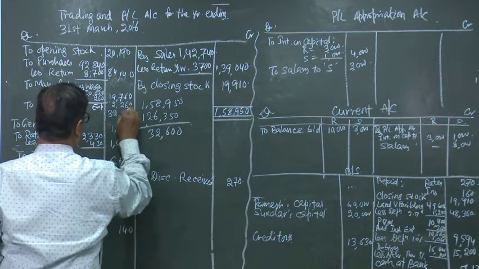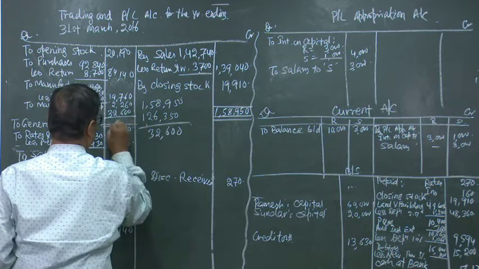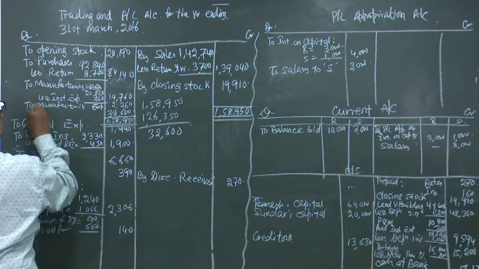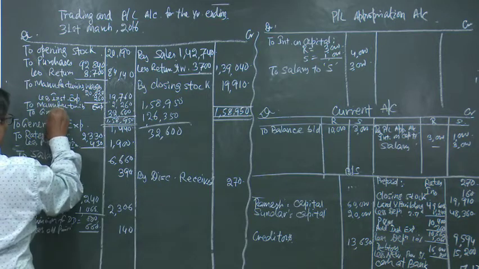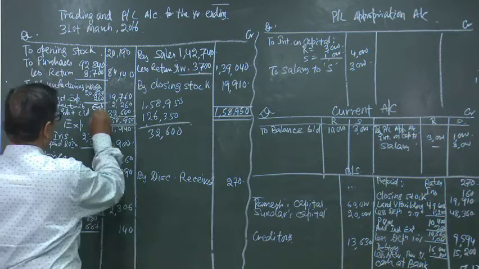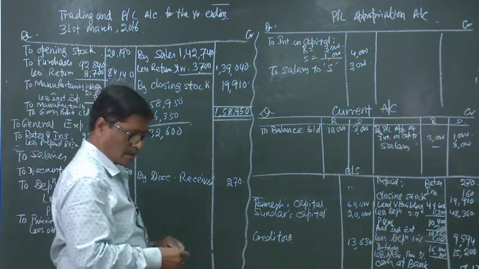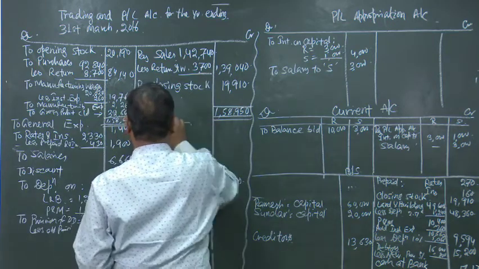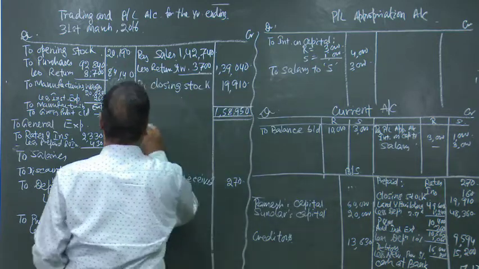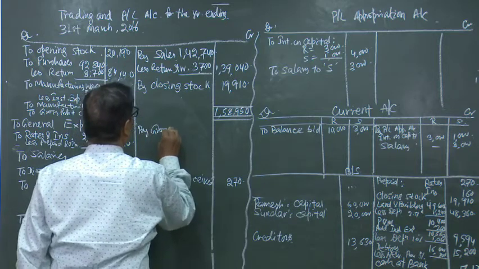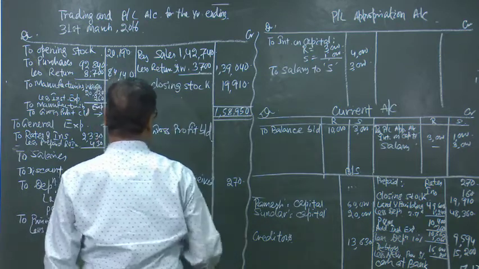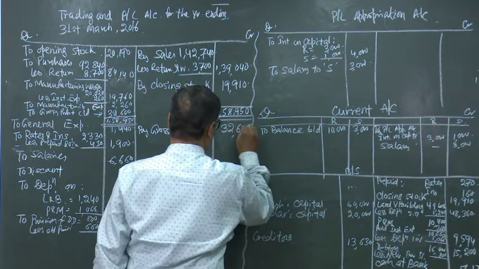So, that will be gross profit 32,600, and thus the total is coming to 1,58,950. We can write to gross profit carried down 32,600, and we will bring it to the credit side of the profit and loss account by gross profit brought down 32,600.